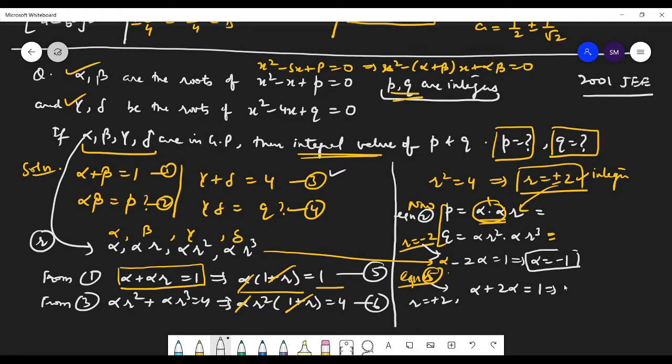So alpha equals to 1/3. So this value we are not going to take, because if we take this value, we will not get P and Q as integers.